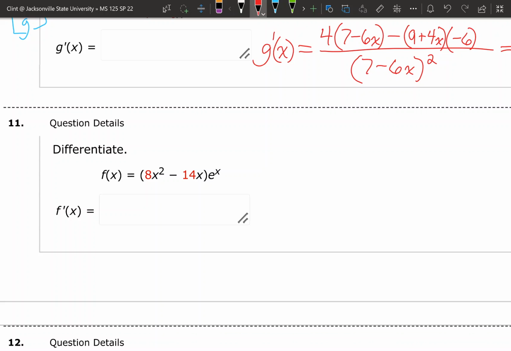So product rule. The way I keep it in my memory, f prime g plus f g prime.